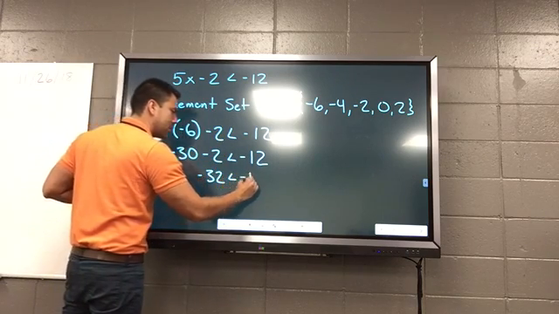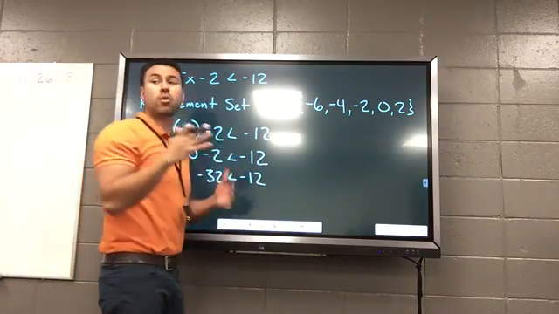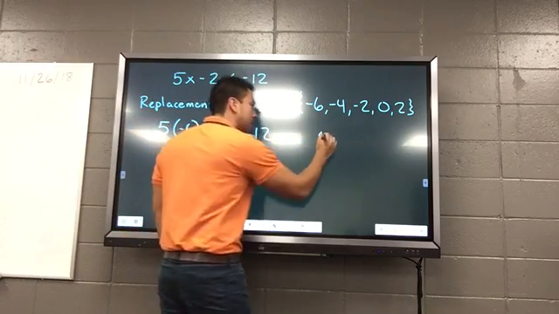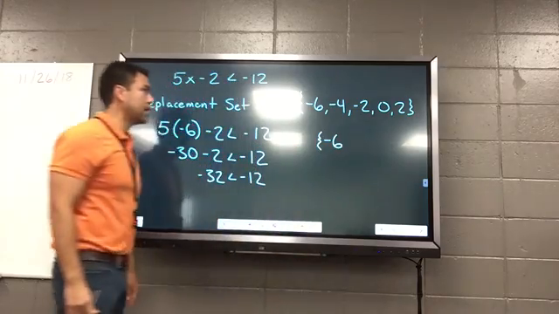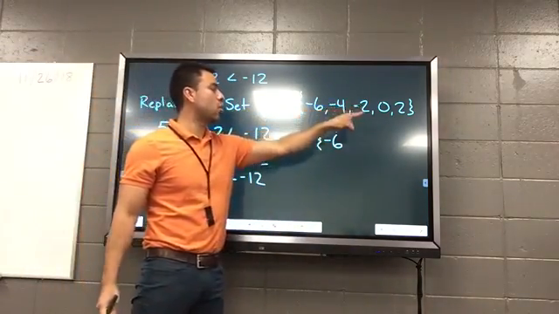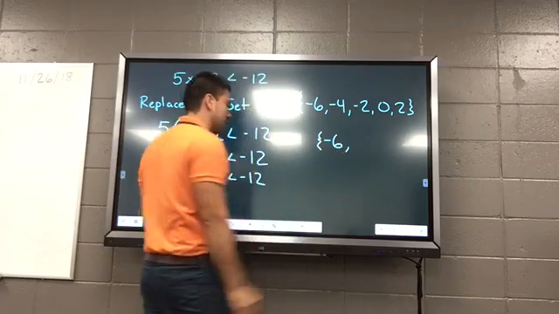Negative 32. Wait, negative 32 is less than negative 12? Yes. So this is where I'm going to start my answer. I'm going to start with a brace, and I'm going to put negative 6 in there. Out of the replacement set, which numbers make this inequality true? The first number that makes it true is negative 6.